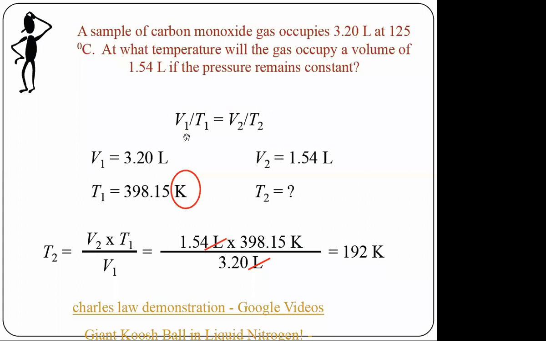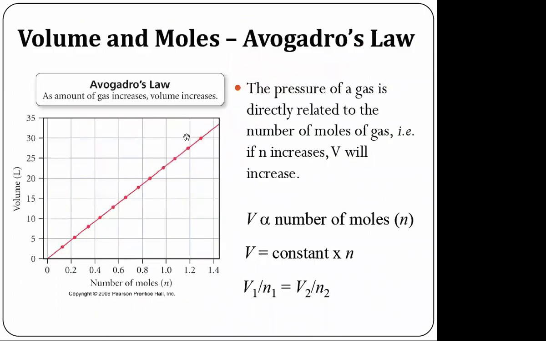Now, the next law is Avogadro's law. What Avogadro's law says is that equal volumes of all gases contain the same number of molecules at STP. So what that means is that volume is directly proportional to number of moles.